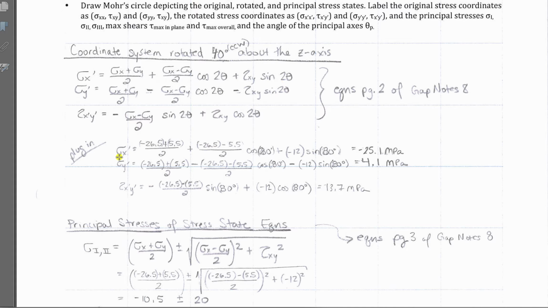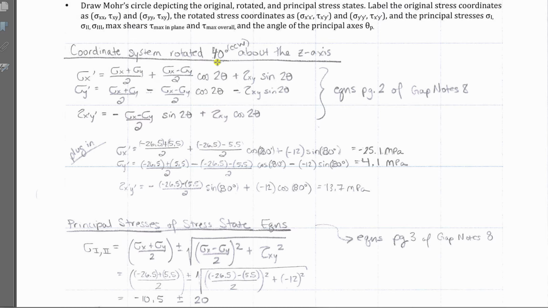So here we have that work done, and what we can see is that our sigma x prime goes to negative 25.1 megapascals, our sigma y prime should be 4.1 megapascals, and our tau x prime y prime should be 13.7 positive shear megapascals. So if you need to take a minute, please pause the video and make sure that you know how to plug those in correctly.